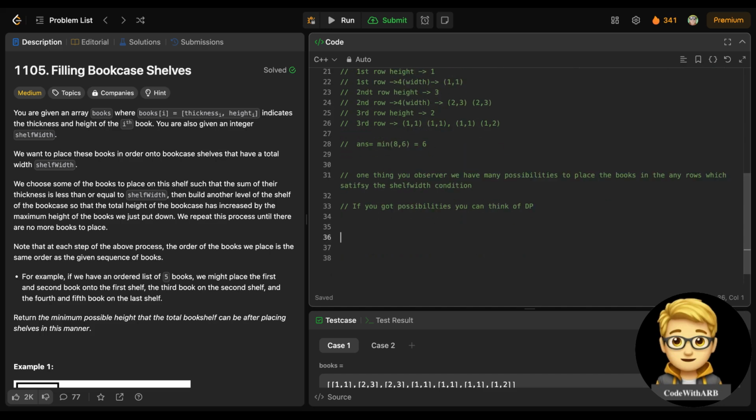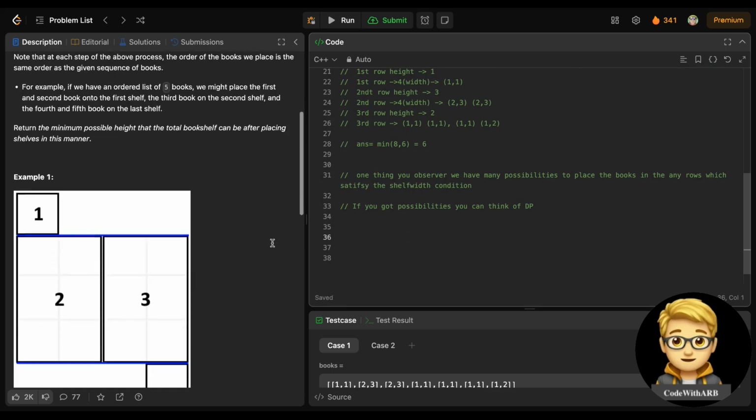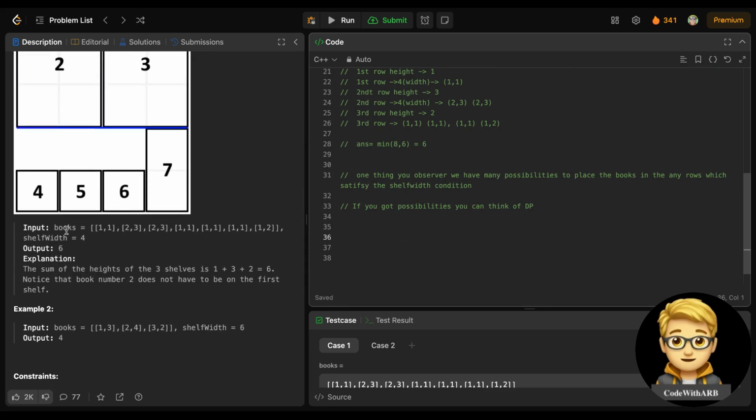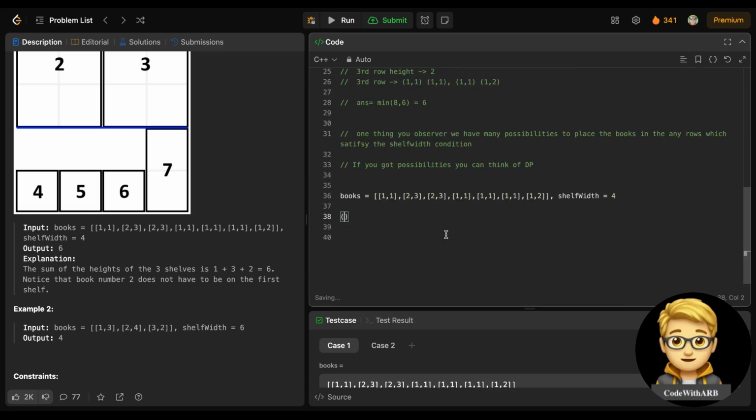Now, one thing to note, if I take the same example as here and try to see what the changes are, right? The first thing is that this index i would change, right? I need to iterate over the whole books to place them, right? So I will definitely change.